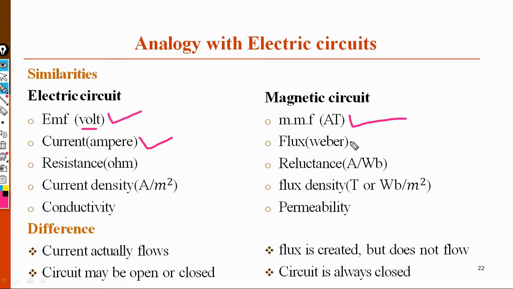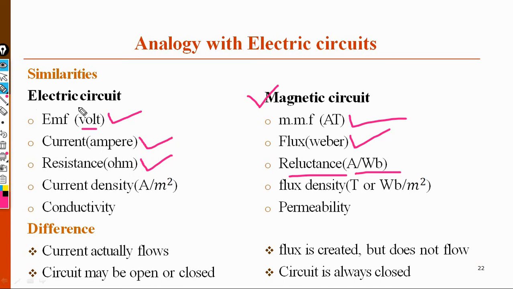In magnetic circuit, flux is present, measured in Weber. Then electric circuit also has resistance, measured in ohm. Reluctance is very important in magnetic circuit, measured in ampere turns per Weber.